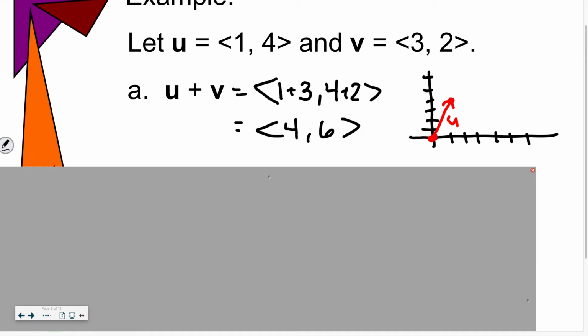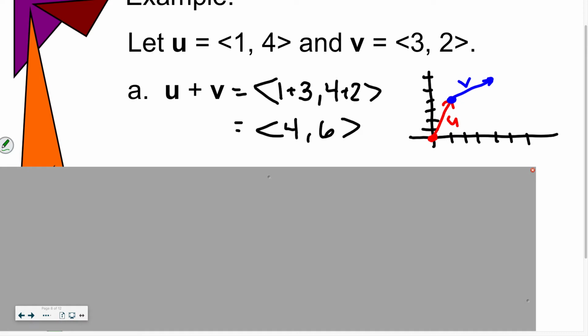Addition says if you're adding V to U, put your initial point for V not back at 0, 0, but put it at the end point of U. So now I'm going to start V from that point 1, 4. And I'm going to go right 3 and up 2. So there's V.